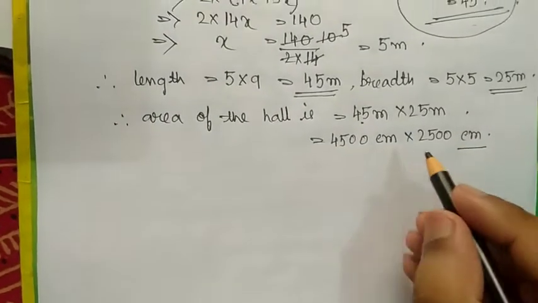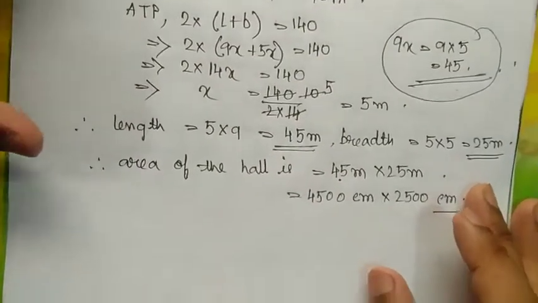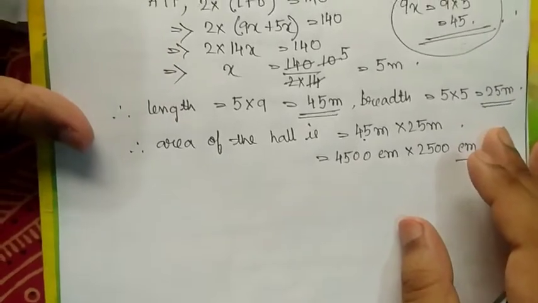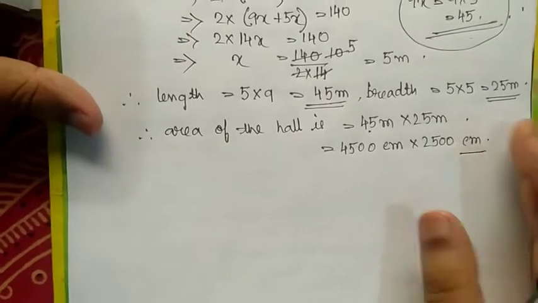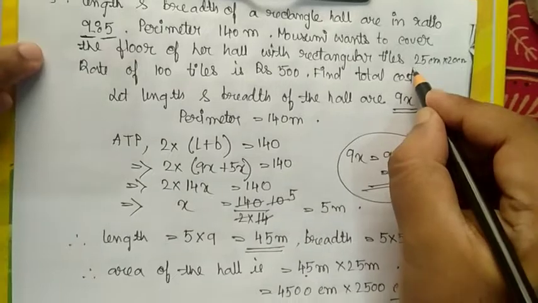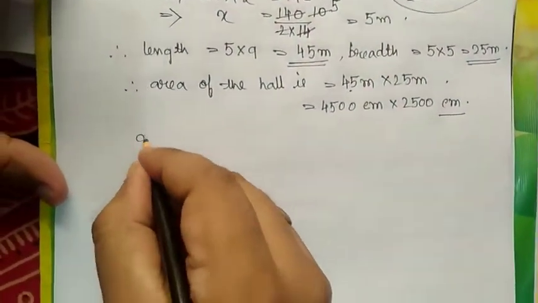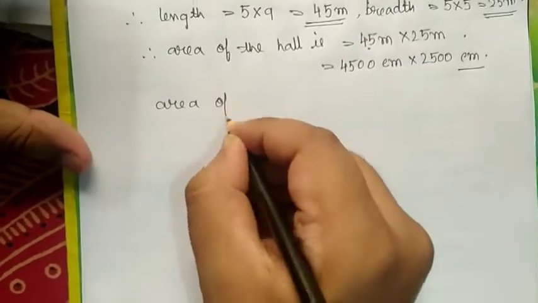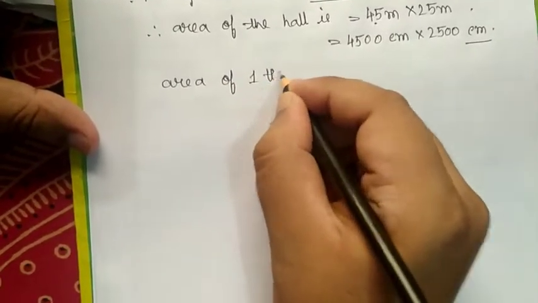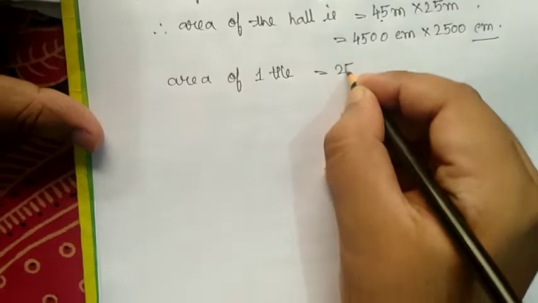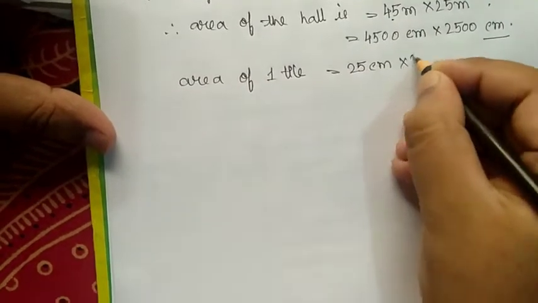We have to convert it into centimeter, because here we know that the tiles are given in centimeter, 25 centimeter into 20 centimeter. So area of one tile equal to 25 centimeter into 20 centimeter.